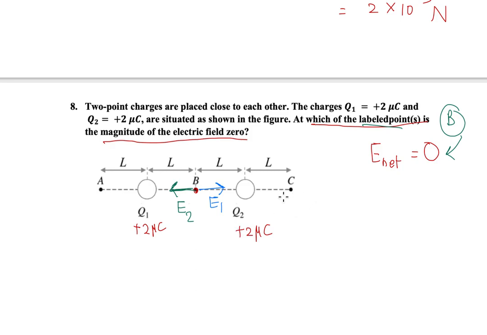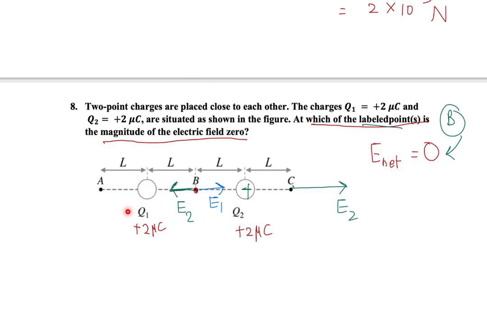Now let's just test out. What about C? Are they going to point in opposite directions or not? If you look at point C, for Q2 it should point to the right. That will be E2, because it's a positively charged object, and for positive, the electric field should point outwards. So at point C, it will point to the right. And focus on Q1.